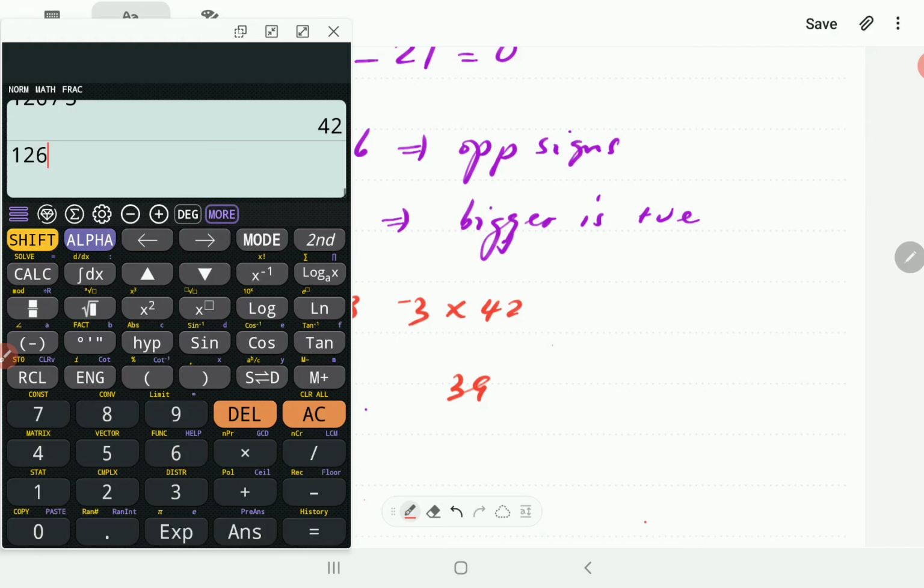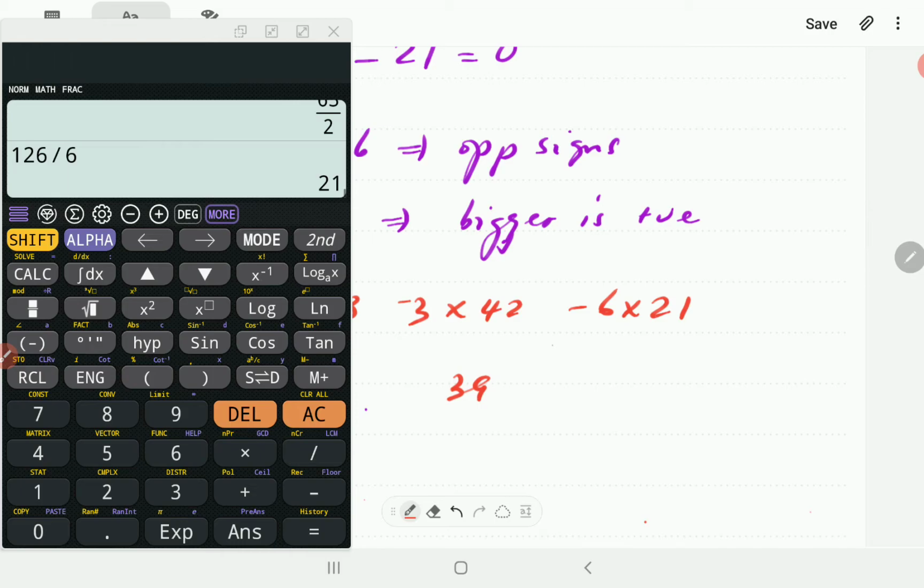4 does not go into 126. 5 does not go. 6. So 126 divided by 6 goes 21 times.